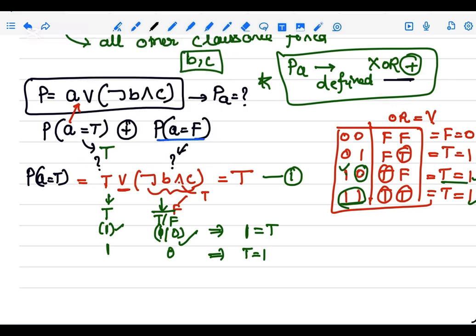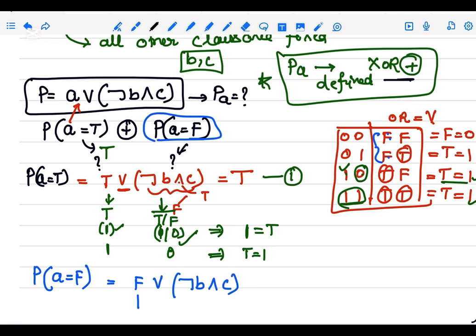Next we have to find this value, the blue color one. That is, in the predicate, replace the major clause with false. That is false OR gate with not of B and C. If it is false, these two conditions, right? False, false. So this one is false.